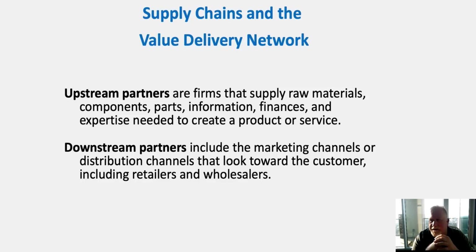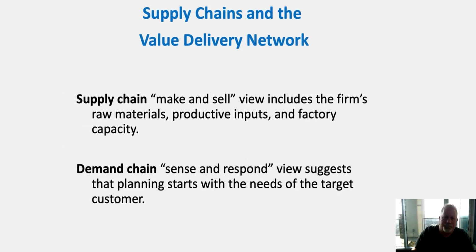So upstream partners help in the production and supply of information and products and services to get that product or service ready for the market, and downstream partners help in the distribution and marketing of that information downstream to end users and customers in those marketplaces. So it's important for us to know these two terms.